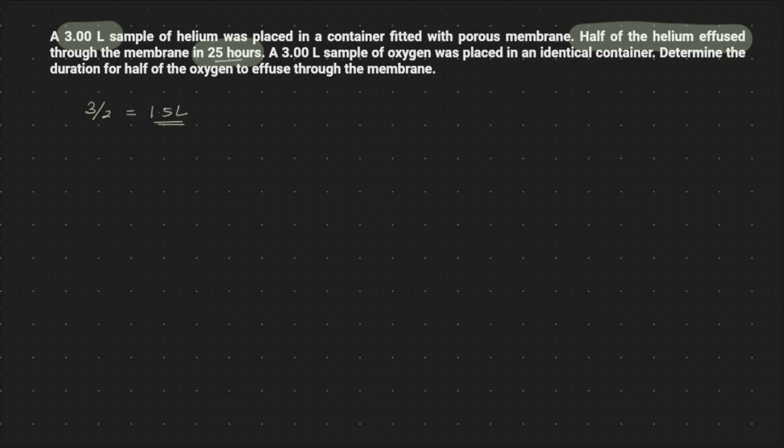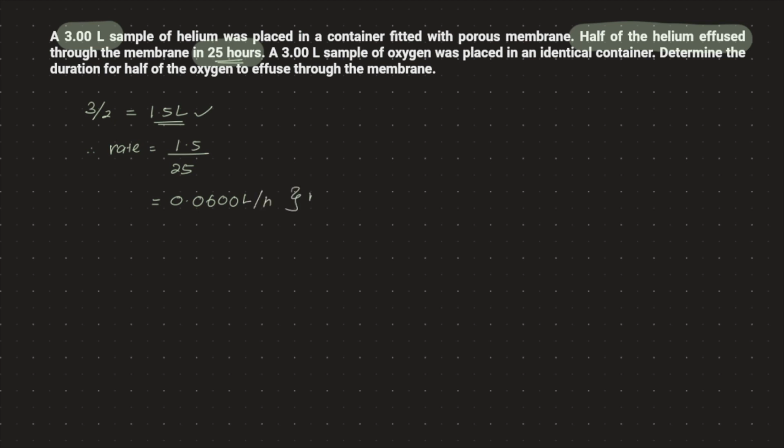Since we have the time and the volume, we can find the rate. The rate is equivalent to the volume, which is 1.5 liters, divided by the time, which is 25 hours. So you should get 0.0600 liters per hour.